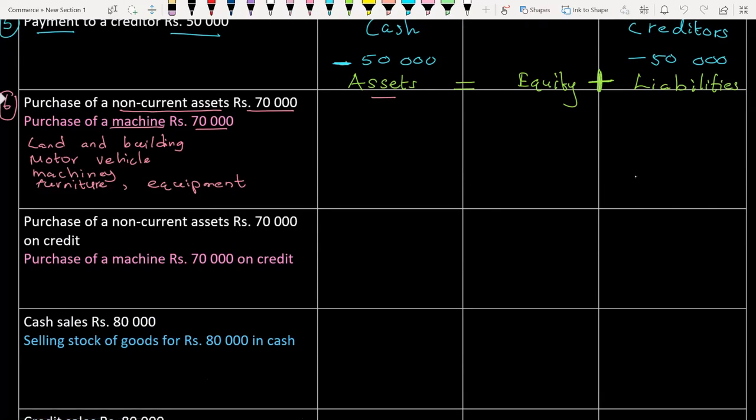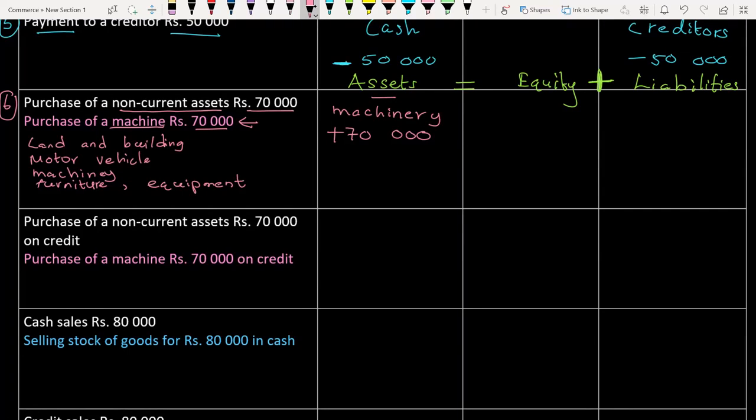Now, if the business purchases a machine, the total assets of the business will increase by rupees 70,000. So what is this asset item? It's machinery. What else will happen? Now, this is a cash transaction. The business spends rupees 70,000 to purchase this machine.